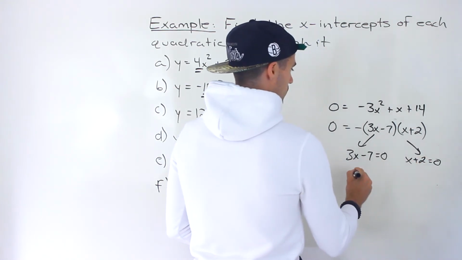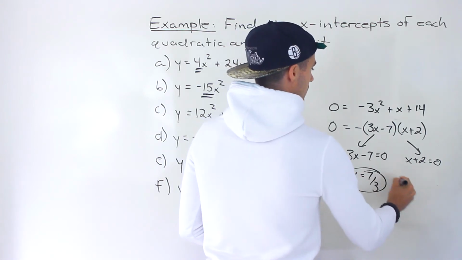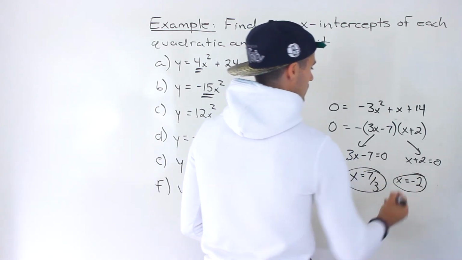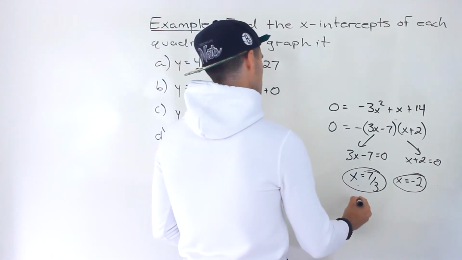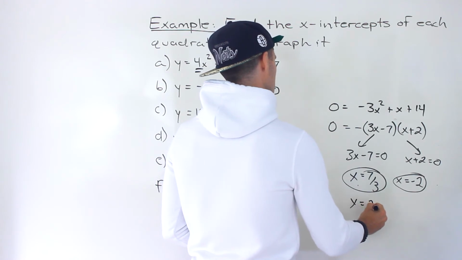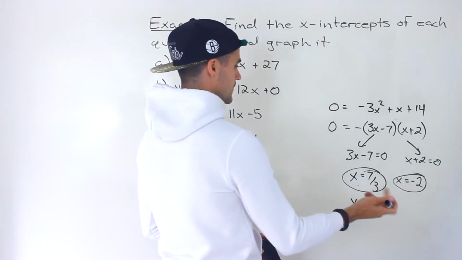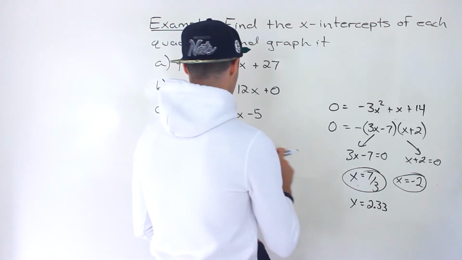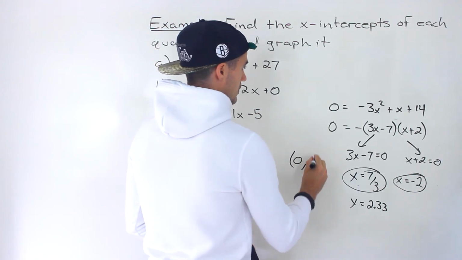This is going to happen when x is, what, 7/3. This is going to happen when x is -2. Okay, so this, as a decimal, is going to be approximately 2.33. This is going to be -2. And then we have a y-intercept of +14, 0 and 14, like that.